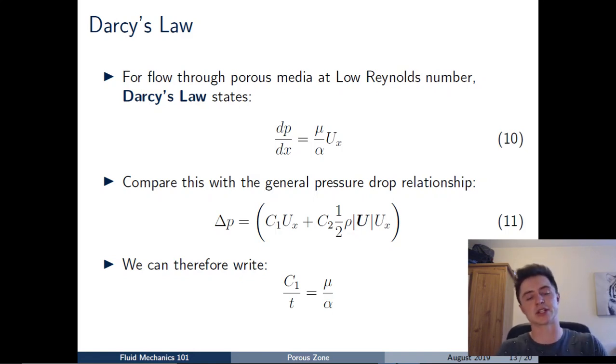So we could apply C1 over T to our CFD code, or alternatively, if we knew what mu and alpha were, we could use those to calculate C1.